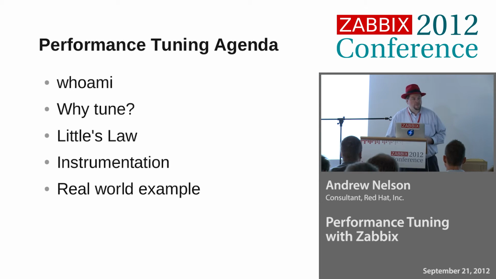We'll talk about a little bit of instrumentation of how you dive into what you're looking at. Many of us are used to looking at Zabbix screens, but let's look at some other ways to figure out what's going on inside the kernel. And we'll finish with a simple real-world example with some simple before and after tuning examples.